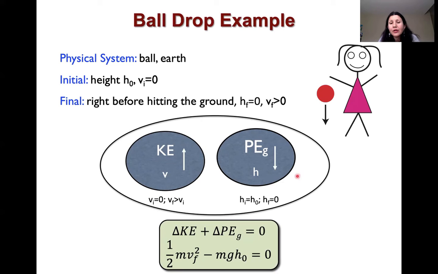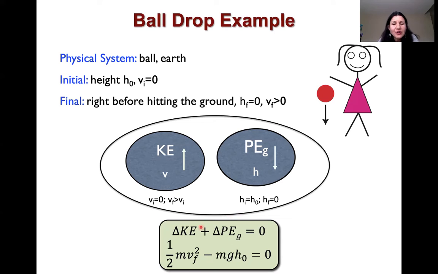Now here, our initial height is h0, the final is 0, and we always do final. This delta means final minus initial, so it's 0 minus h0, so that's why you have this minus sign appearing here. Sorry if I confused you there, kind of confused myself.